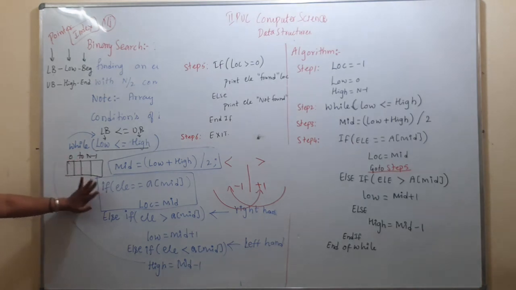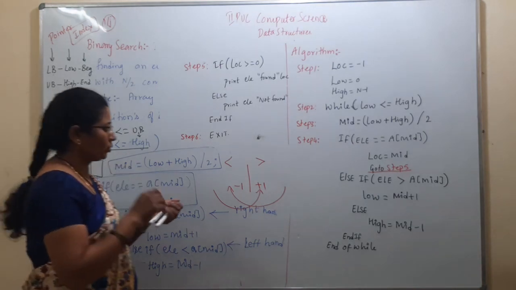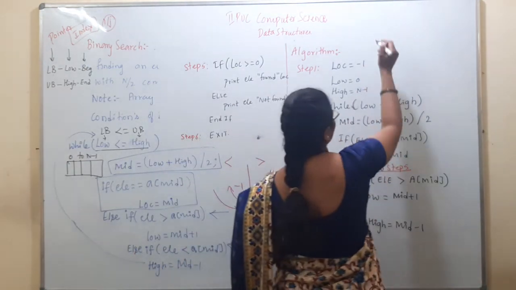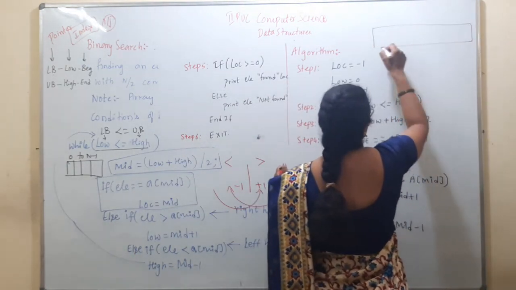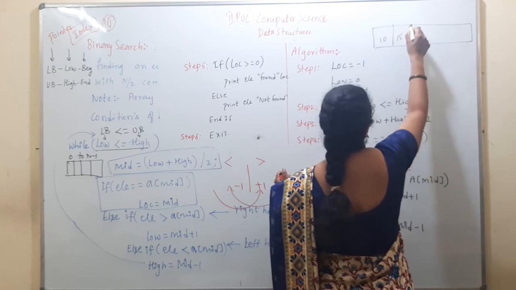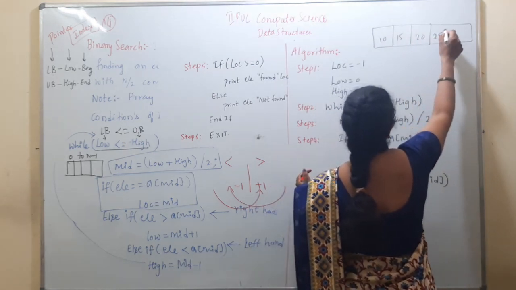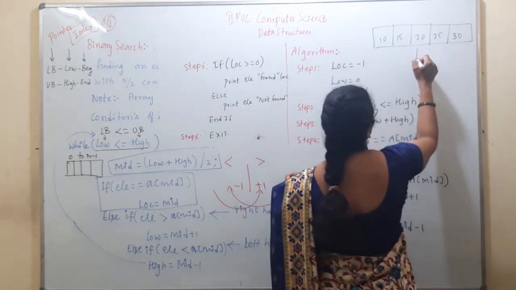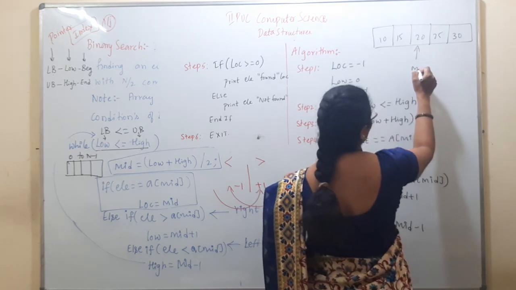Okay, so we trace the program values. The tracing is compulsory. We are going to trace 6 different possibilities, with elements like 10, 15, 20, 25, 30. First, compare with exactly the mid value.